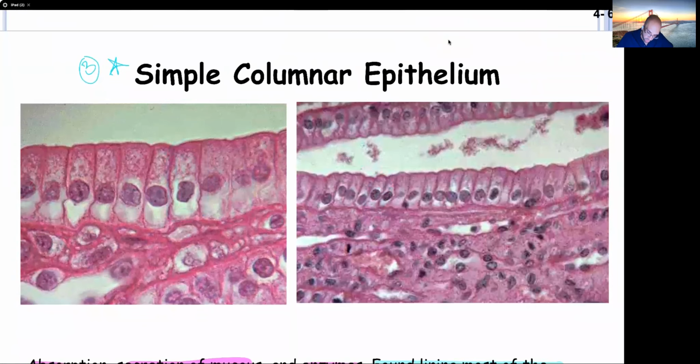If we're looking on here, I have a space, and the space is lined with cells. So it's epithelium. How many cell layers do you see on this side? I have one cell layer.